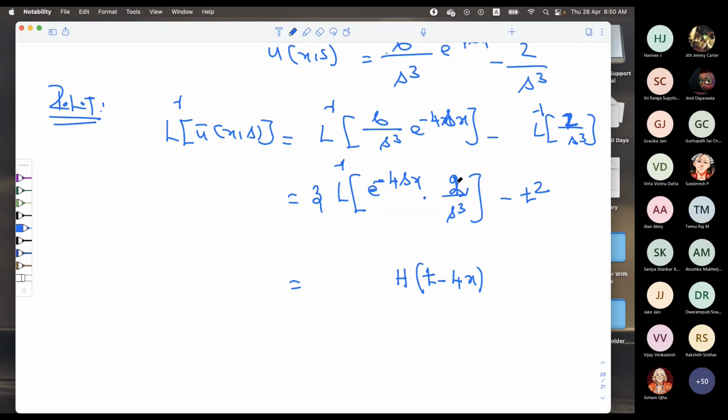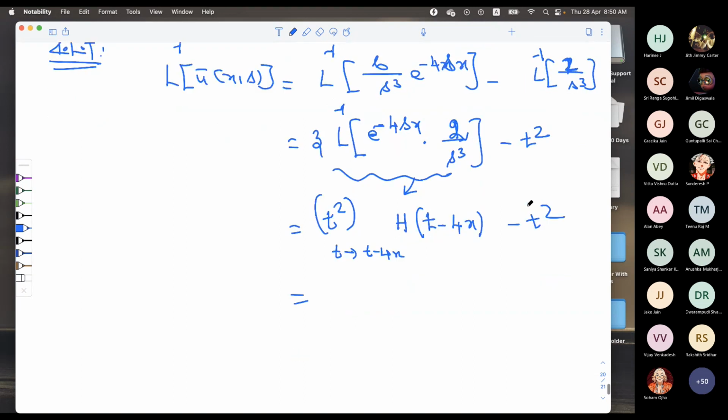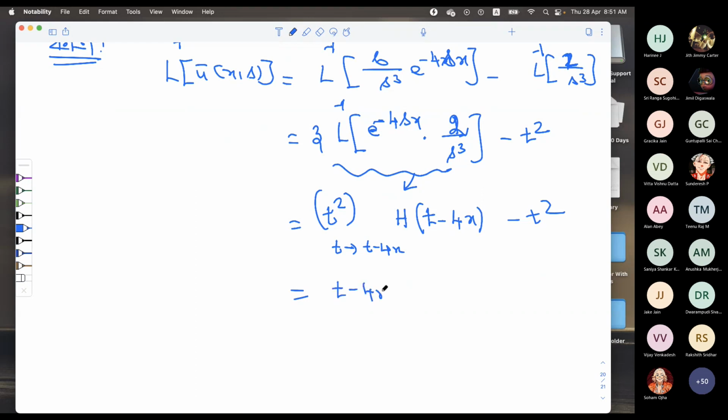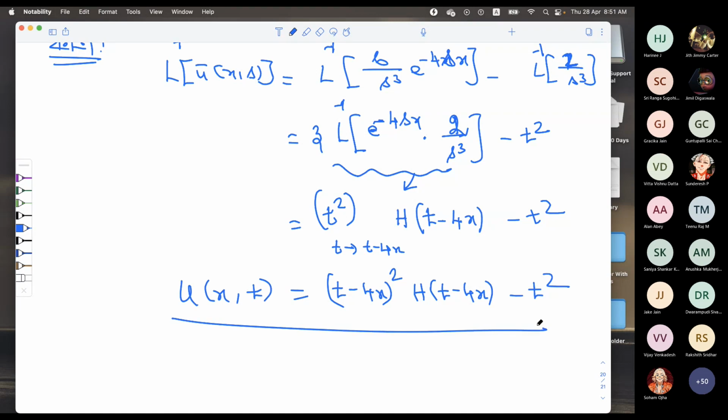So L inverse of 2 divided by s cube is t square, but t should be replaced by t minus 4x, for this term only, not here, because this is not in the form of e power minus 4sx. So it is 3 into t minus 4x whole square, Heaviside of t minus 4x, minus t square. That is your u of x comma t solution.